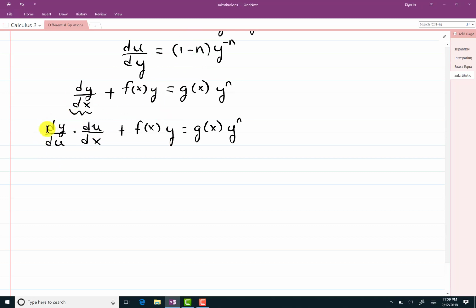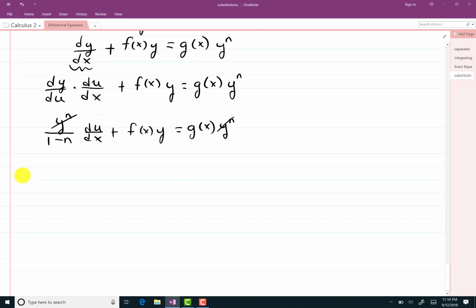So the upside down version of du over dy is going to be y to the n over 1 minus n times du over dx plus f of x y equals g of x y to the n.